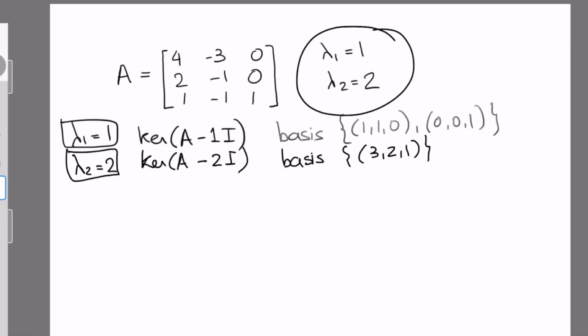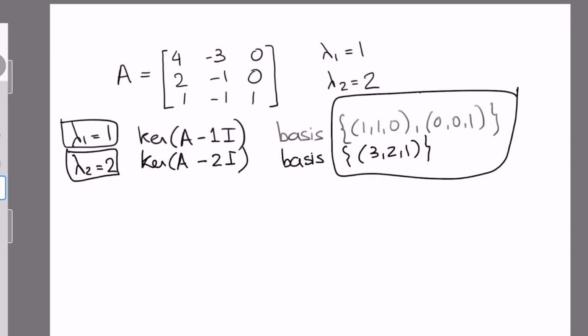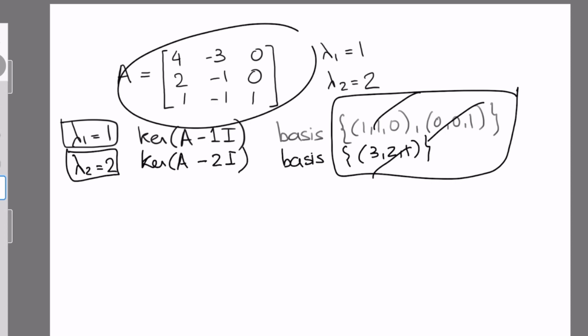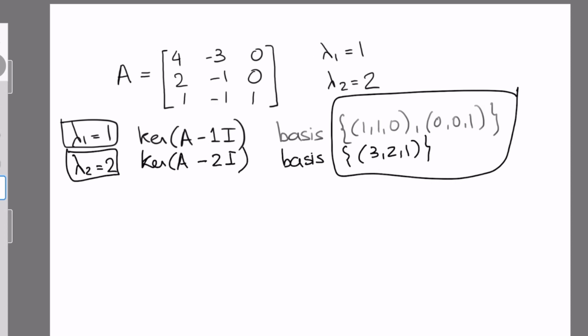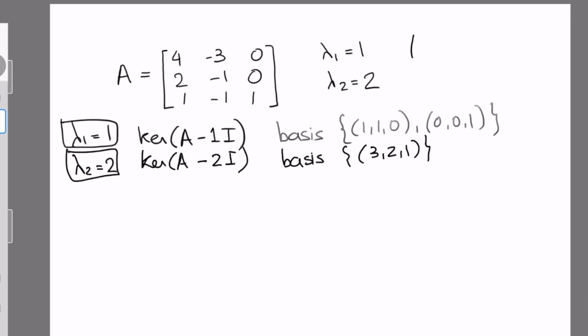We calculated the eigenvalues and we calculated the basis for each eigenspace. So now what remains is to count the vectors that we got here. 1, 2, 3, and we are in R3, so we have exactly a basis of eigenvectors. So because of that, this matrix is going to be diagonalizable.